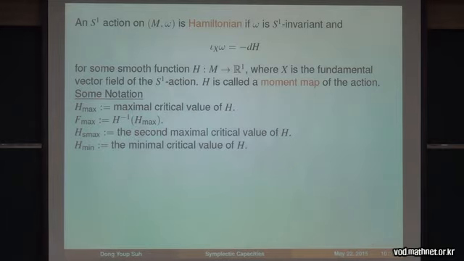So the moment map H is a function from the manifold M to R. H max is the maximal critical value of H. It's like a Morse function: you have a manifold mapping by H to the real numbers, and then you have critical values, the maximum critical value, H max, and H max means the maximal critical value, the inverse image.